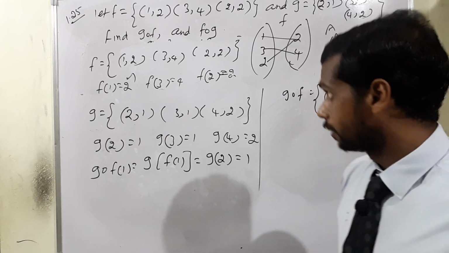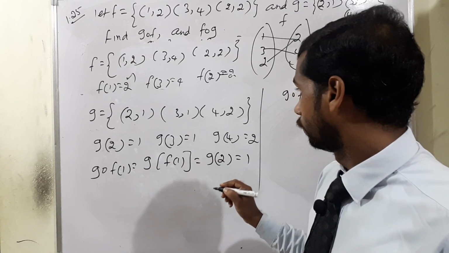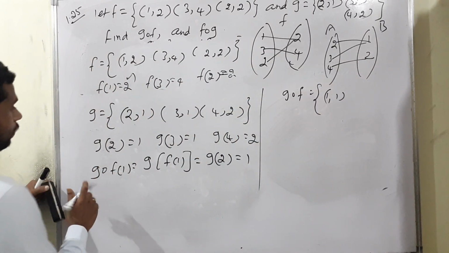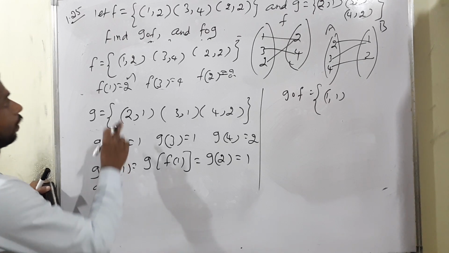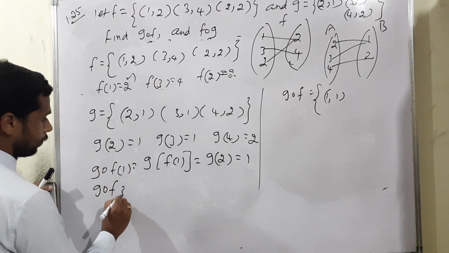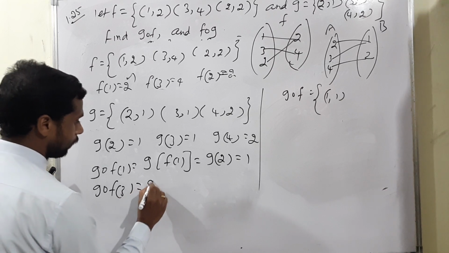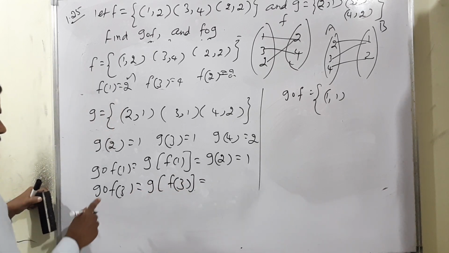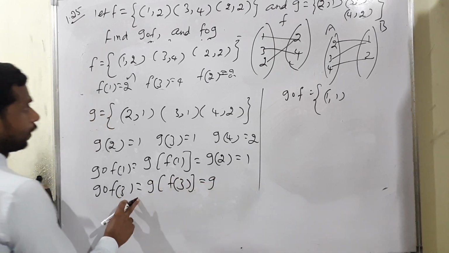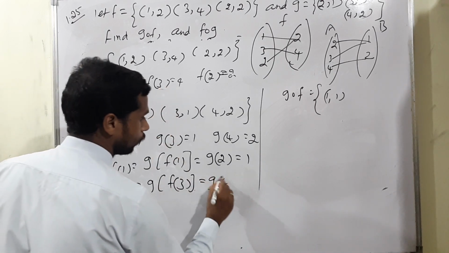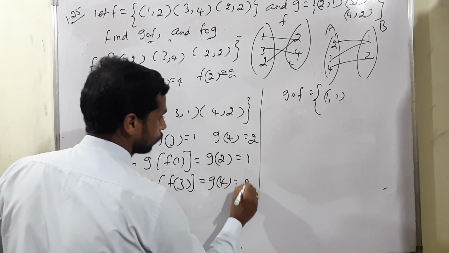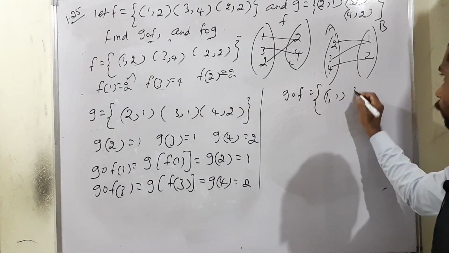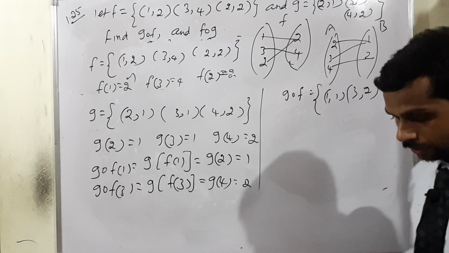The next case, g∘f of the next pair 3, means we can write g of f of 3. So g of f of 3 is equal to what value? 4. Now g of 4 is equal to 2. Now the output is 3 comma 2.